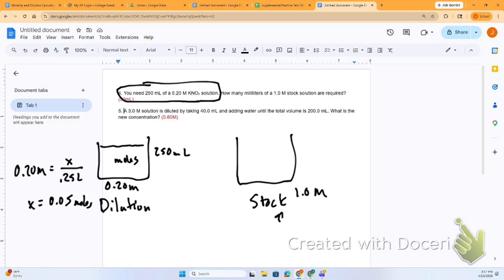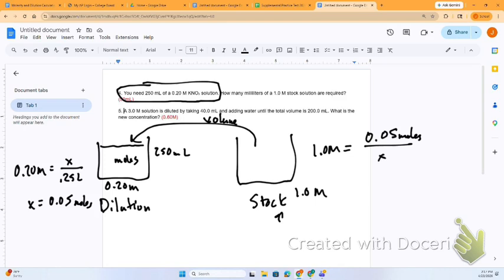But we don't know how much volume to put into here, into our dilution. So the way to think about it is, if I know I need to put 0.005 moles, and I need it from this solution, which is 1.0 molar, I can figure out the volume this way, right?